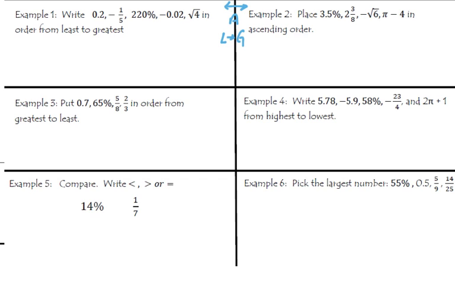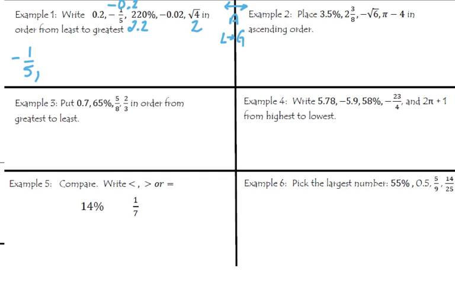So again, you can use the stat key or you can change them to decimals. So -1/5 would be -2/10. 220% would be 2.2, and the square root of 4 would be 2. So to put these in order from least to greatest, the smallest one would be this negative number, so -1/5.